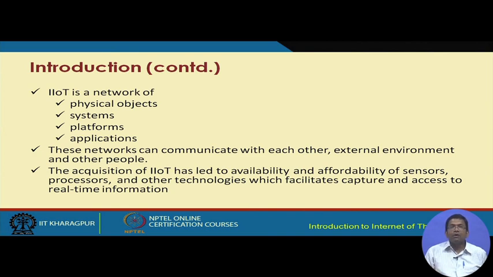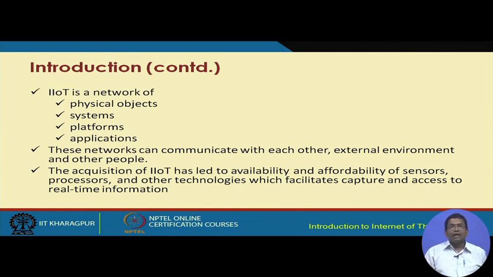People are also part of these IIoT networks. There are different end users, stakeholders, everybody at the enterprise level, and they all form part of IIoT. They have to be internetworked and connected, these things, people, processes, everything together.